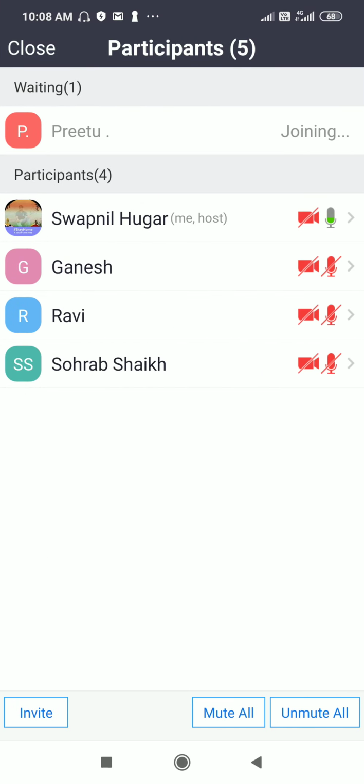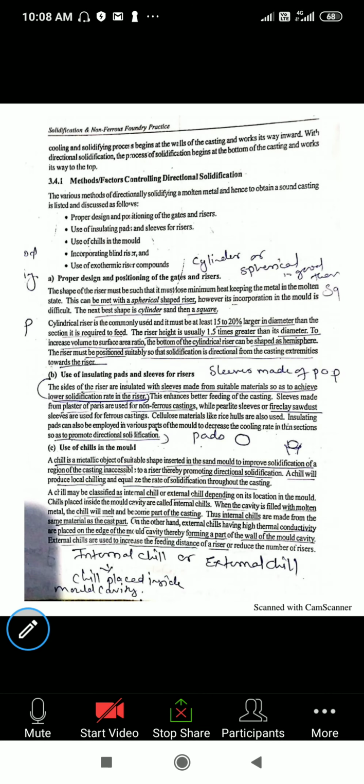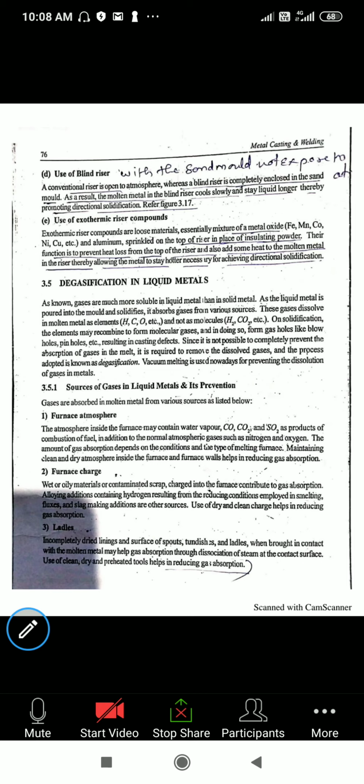Next, the use of blind risers, and the use of exothermic riser compounds. These are some of the methods and factors used for controlling directional solidification. We'll go in depth. I will tell you what they are and how this is done.